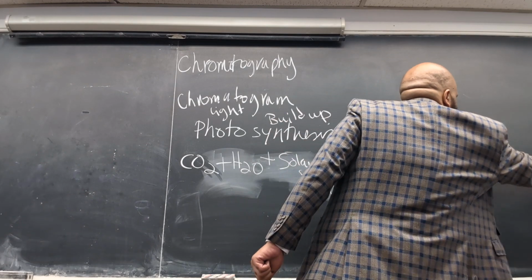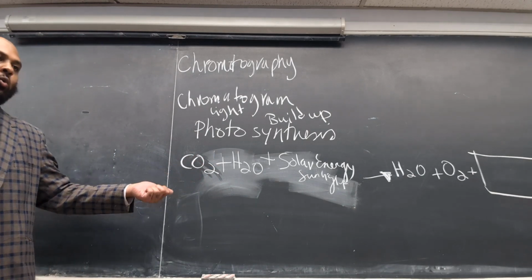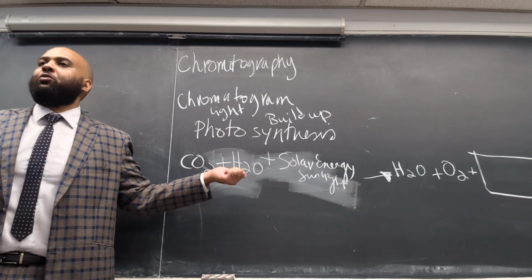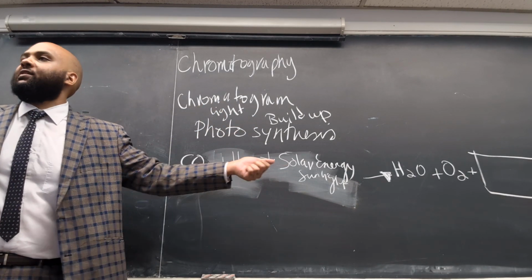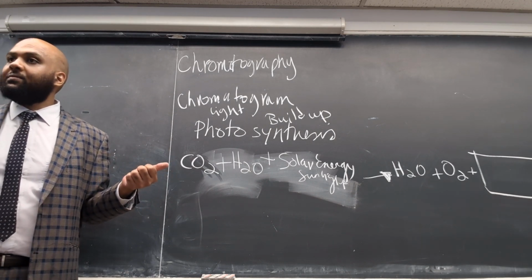And finally, why are we doing this whole equation? Why are we reacting carbon dioxide and water to begin with? What do you think we're gonna have in the box? The green color of the plant.